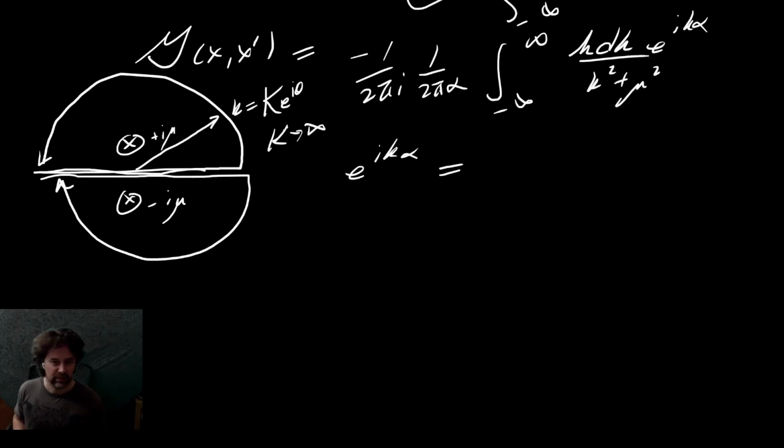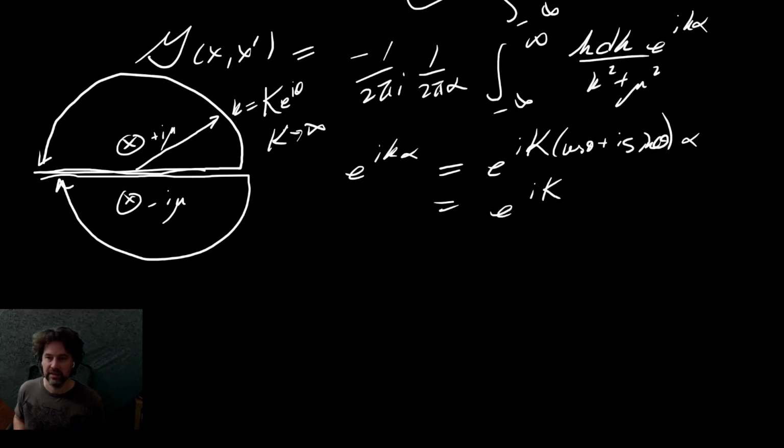So on the semicircular contour, we have i big K times cos theta plus i sine theta times alpha, which is e to the i K cos theta alpha times e to the i squared, which is minus big K sine theta alpha.